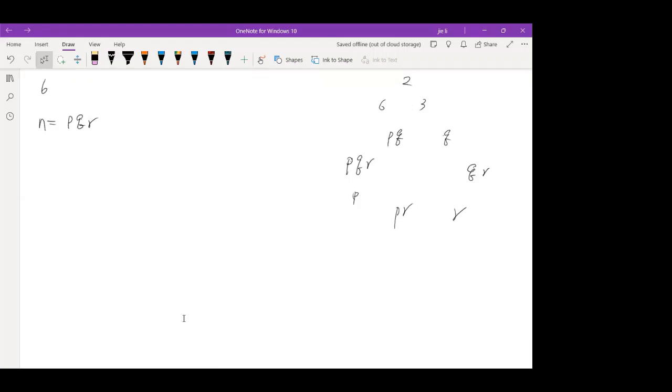So how do we do the general case? General case, n equals P1 to the alpha 1, P2 to the alpha 2, up to Pt to the alpha t power. How should we do this one?